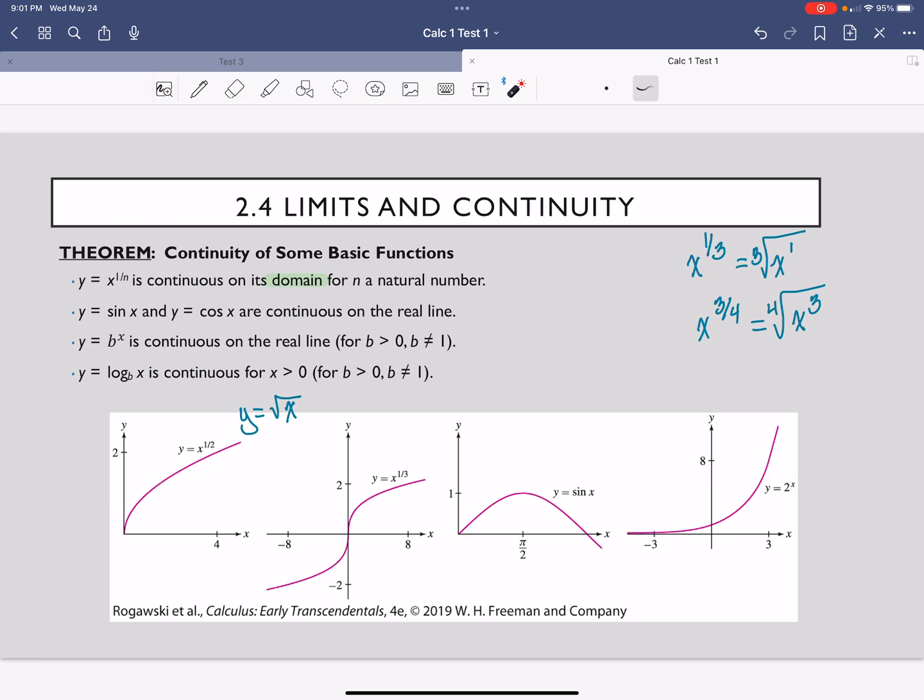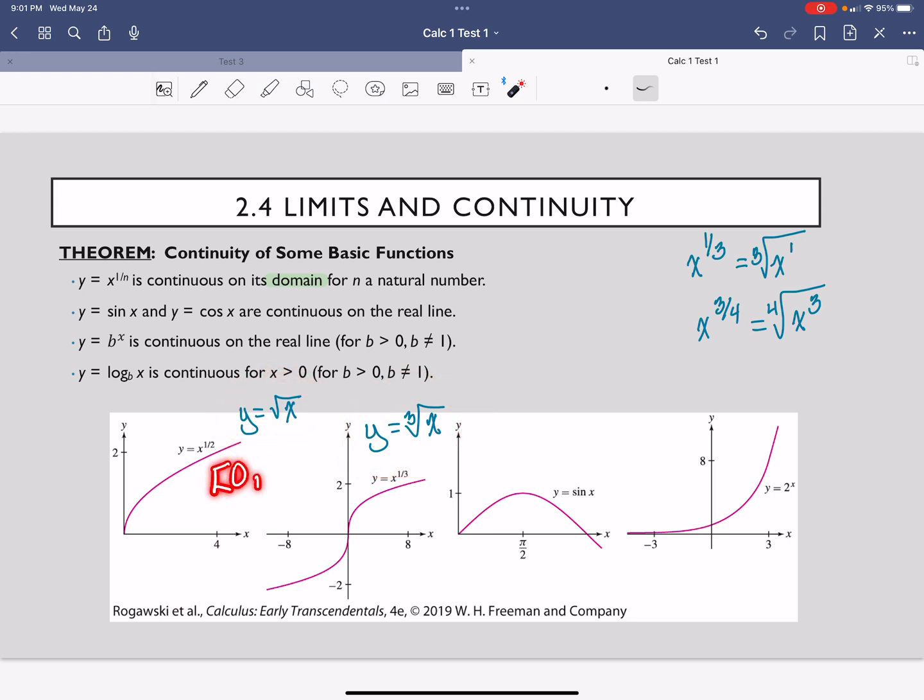Here we've got x to the 1/3. So that's going to be the cubed root. So that's y equals the cubed root of x. And that's all real numbers. So this is continuous on the whole number line because the domain for this is all real numbers. The domain for the square root is only positive numbers, so it would be 0 to infinity.